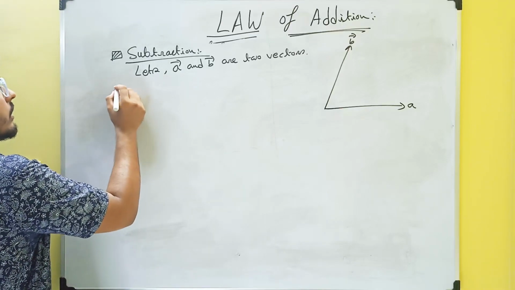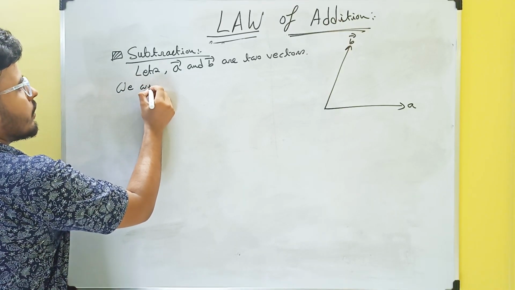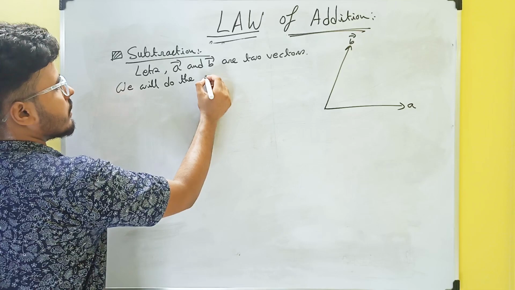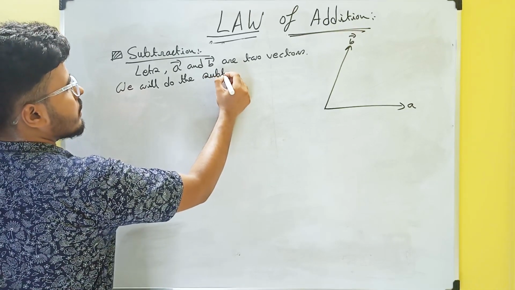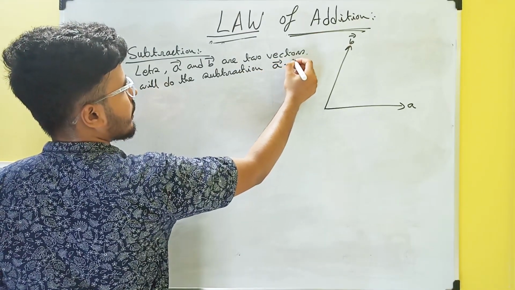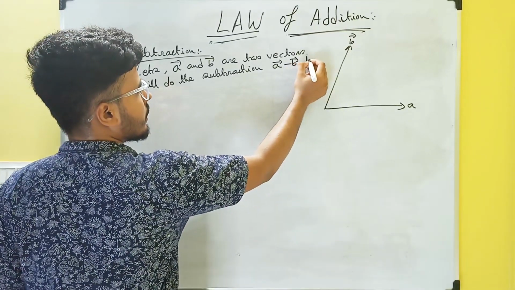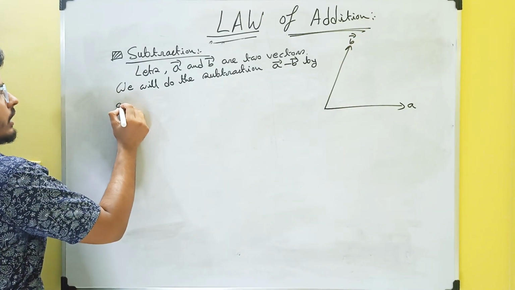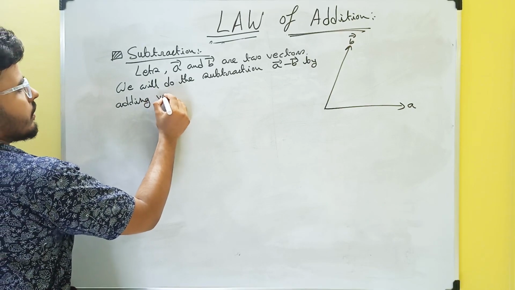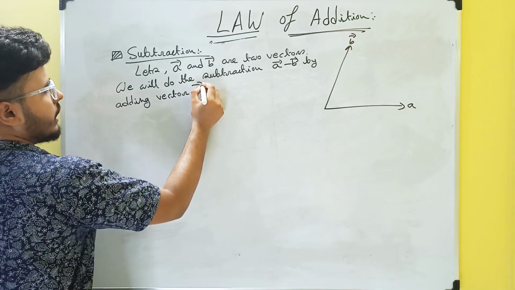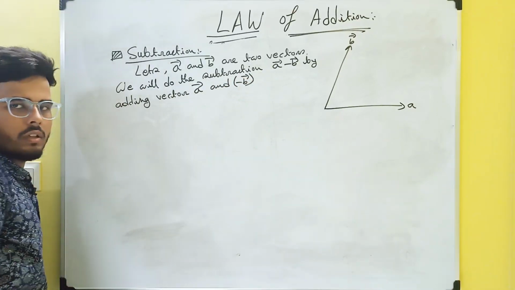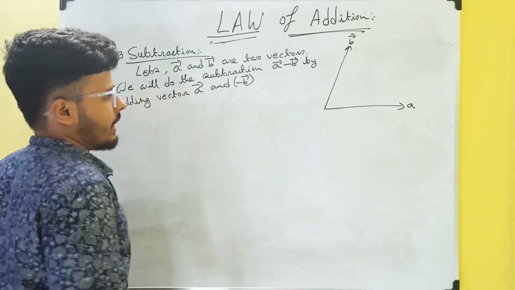But we will do the subtraction A minus B by adding vector A and vector minus B. Now, what is the vector minus B?